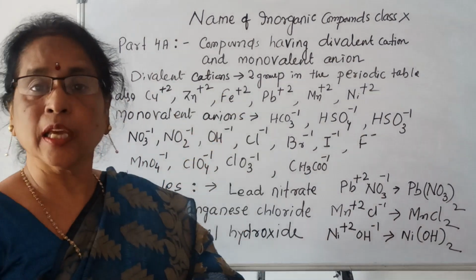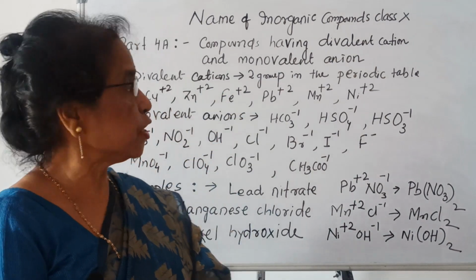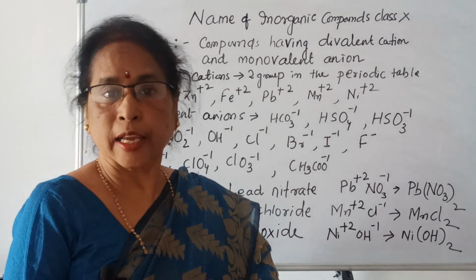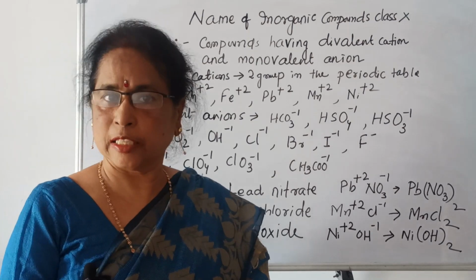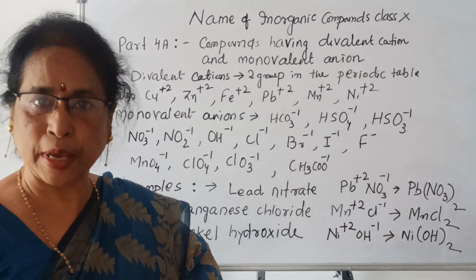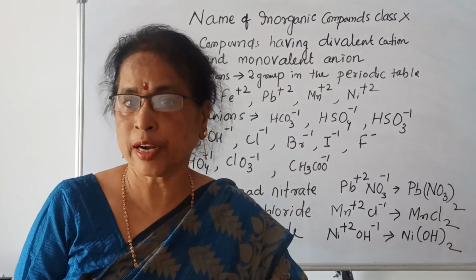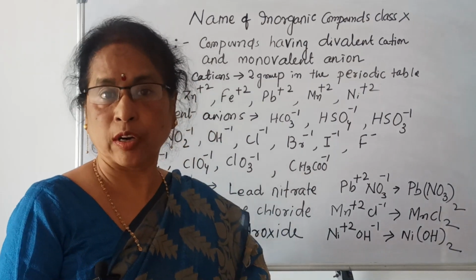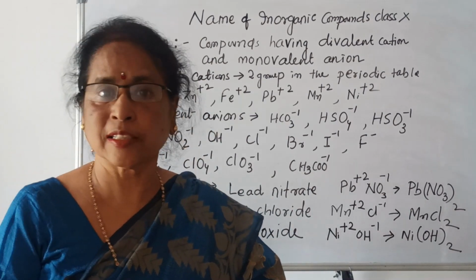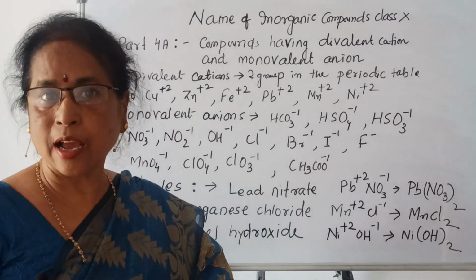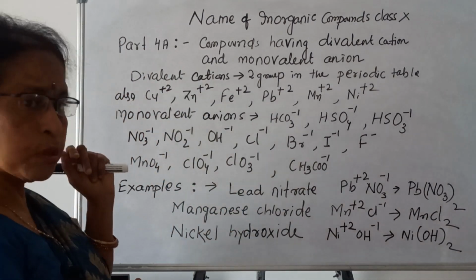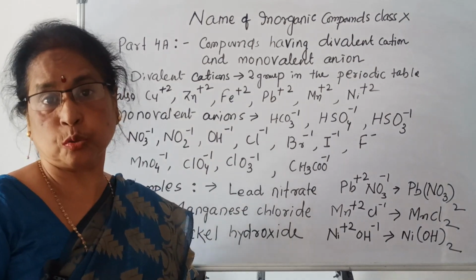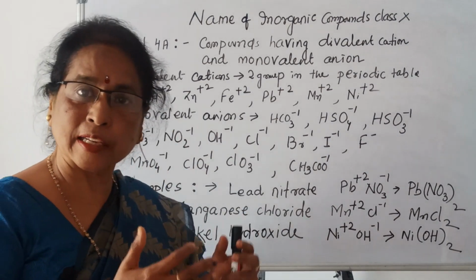Except radium, all the metals magnesium, calcium, strontium, barium are very important to form different inorganic compounds which are necessary in our daily life and also in chemistry. Besides this, other cations are there.